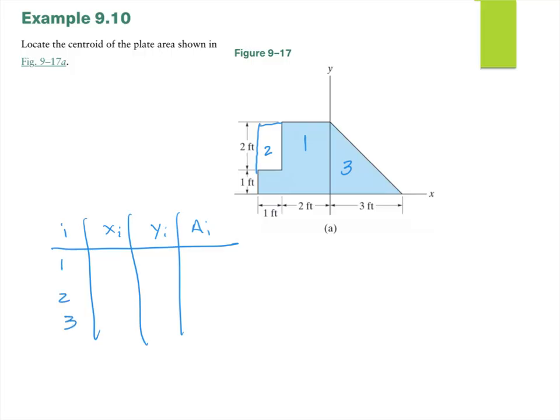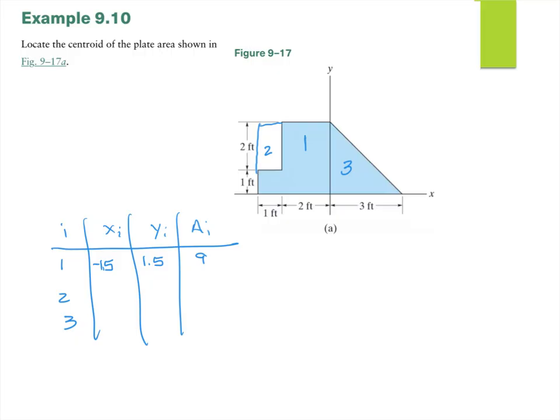For number one, its x value is 1/2 of the base, which is 3 feet long, and it's in the negative direction, so it's minus 1.5. And in the y direction, it's positive 1.5. The area of this rectangle is 3 by 3, which is 9 square feet.